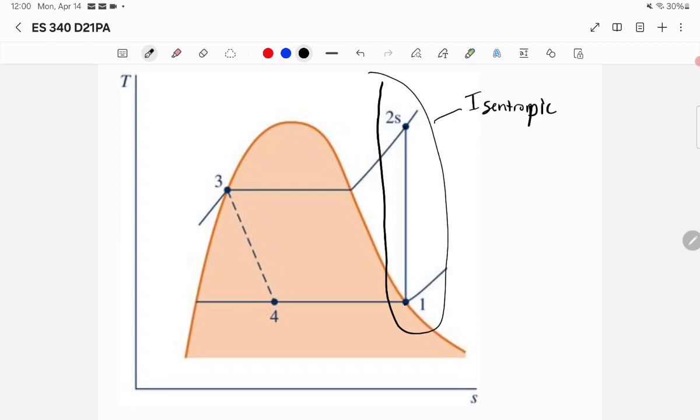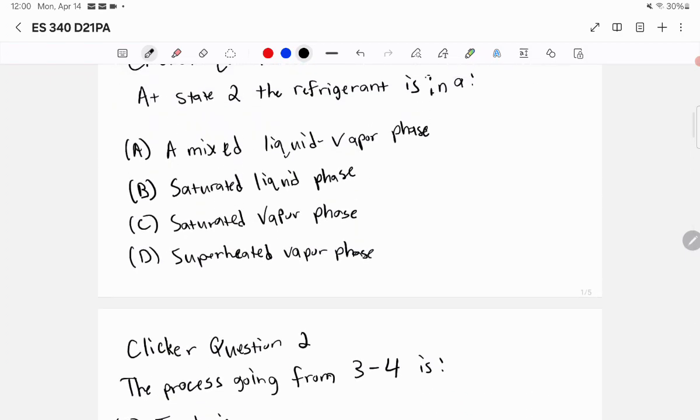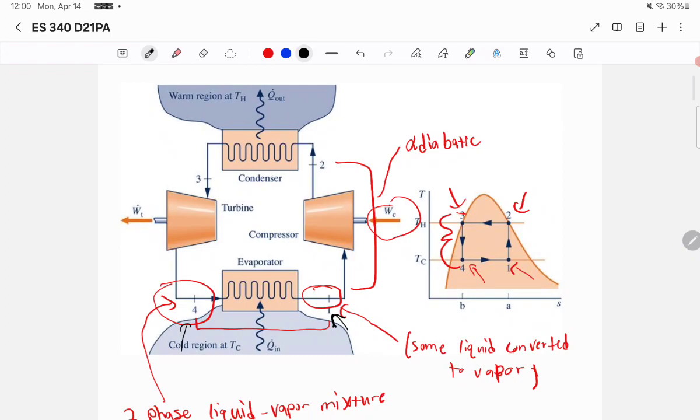And then in the next part of the cycle, we go from the superheated vapor down to a saturated liquid, and then from the saturated liquid to the mixture, to get the mixture that we want out of the system. Okay, so this is going to be a compression here, right? Going back up here, we ran from 1 to 2 through a compressor, right? So all of these things are going to match up.